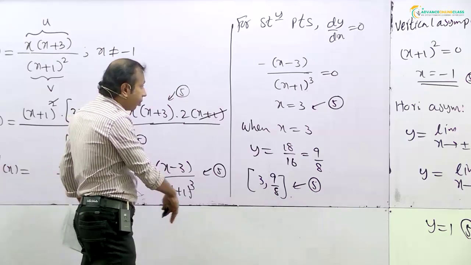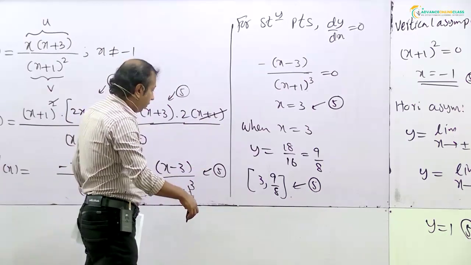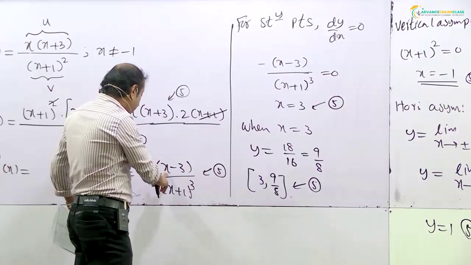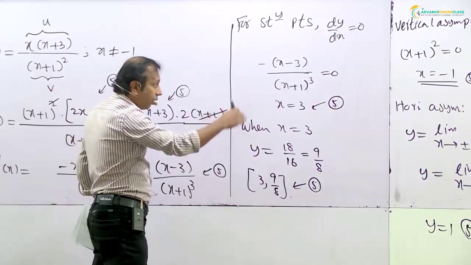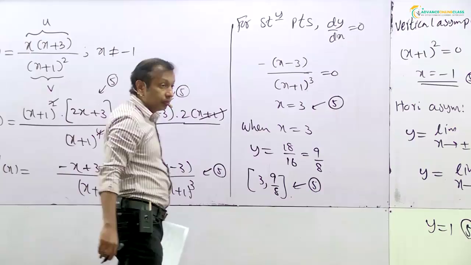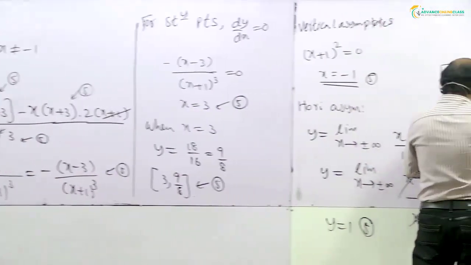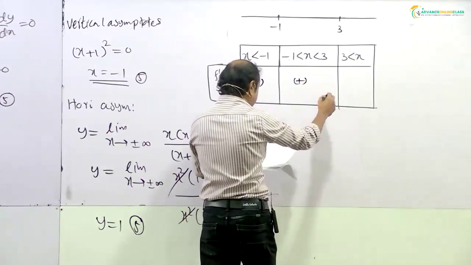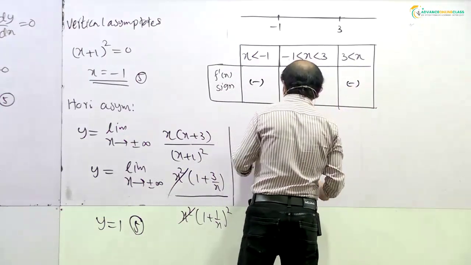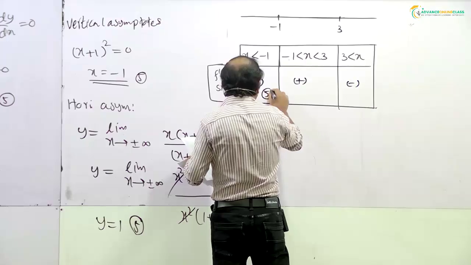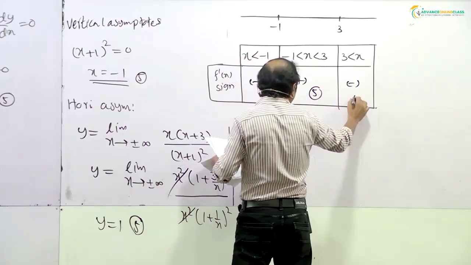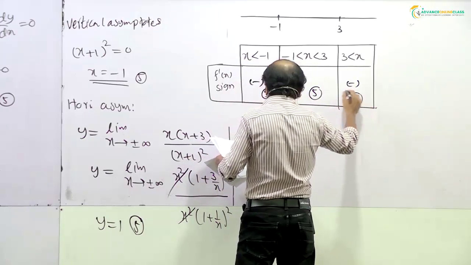So this is negative. Between minus 1 and 3, put 0. This is positive. And more than 3, negative. Yes, we get negative here, positive here, negative here. Okay. For this 5 marks, for this 5 marks, for this 5 marks, right?